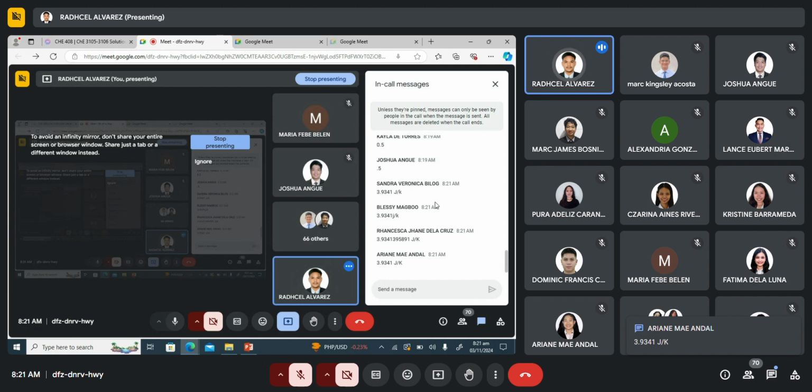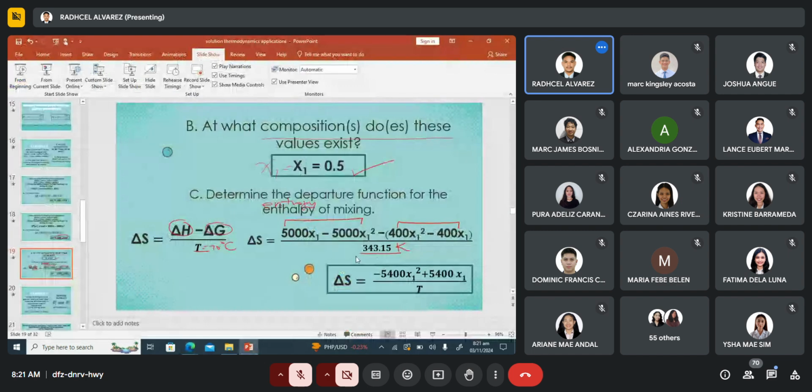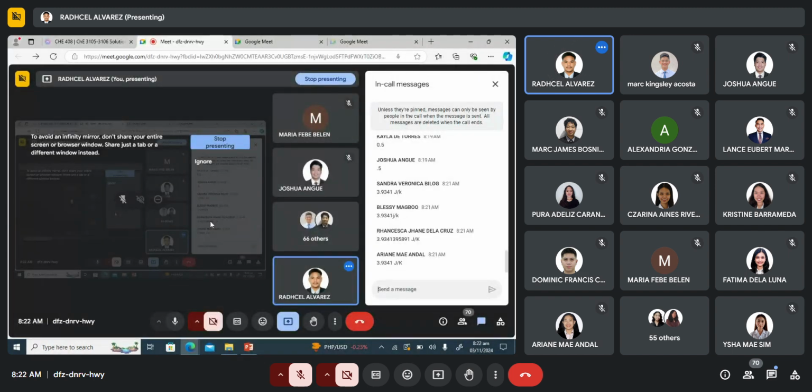Hindi. Ang tanong sa atin ay departure function. Ibig sabihin, ang ibibigay nyo ay equation. So, yung simplified equation, hindi nyo kukunin yung maximum value, kasi ang tinatanong ay departure function. Yung pinaka-equation na magagamit for our entropy. So, isi-simplify nyo lamang ito. Ayan, so lumabas na yung sagot. Sige nga, paki-simplify.